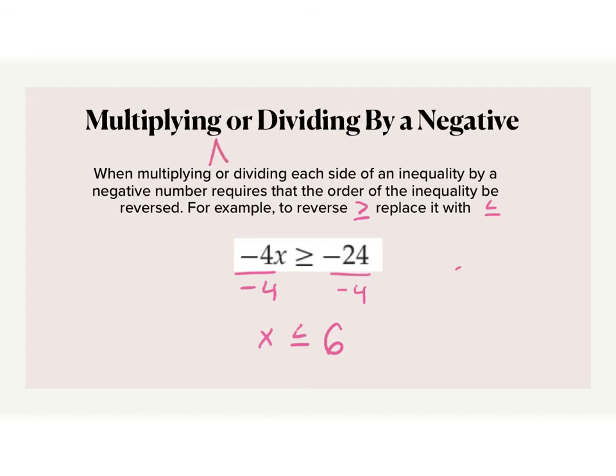So this is just the one rule that we need to follow. When multiplying or dividing by a negative, we flip our sign. If we're putting this one on a number line, would it be an open circle or a closed circle?